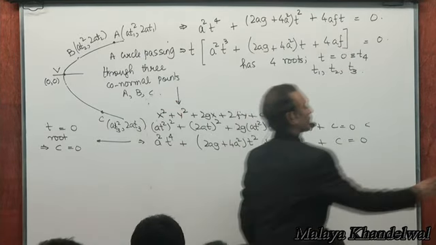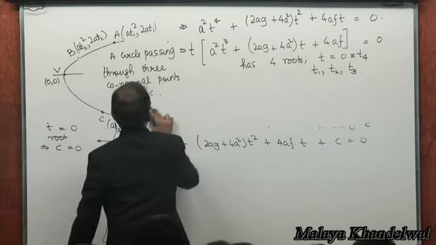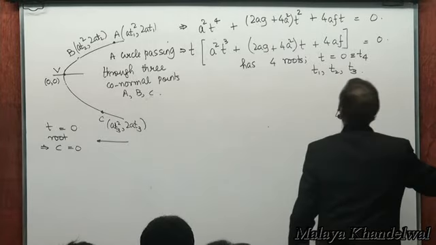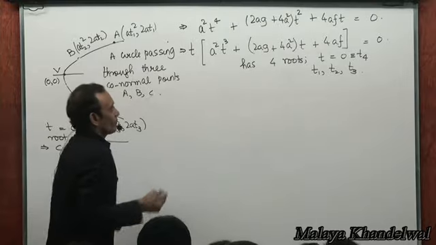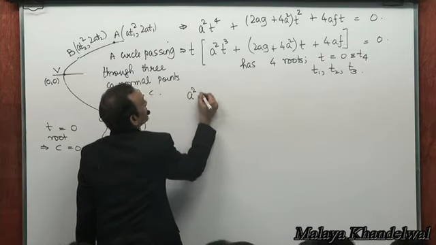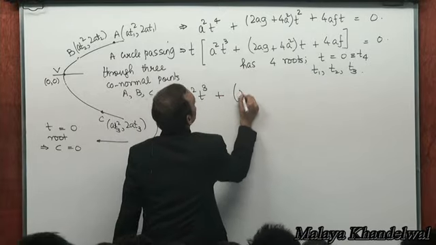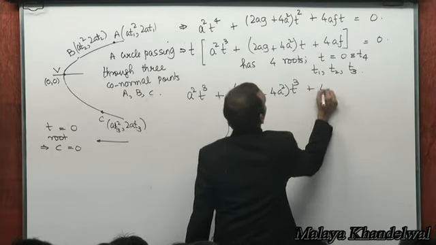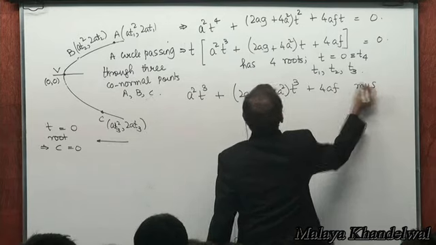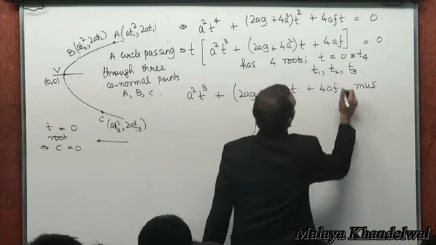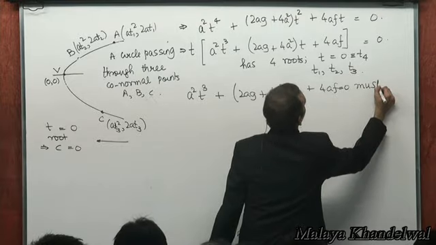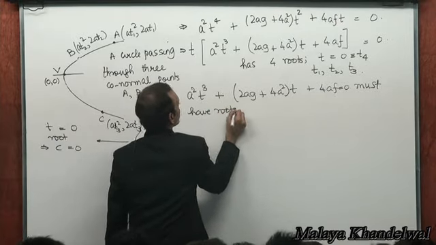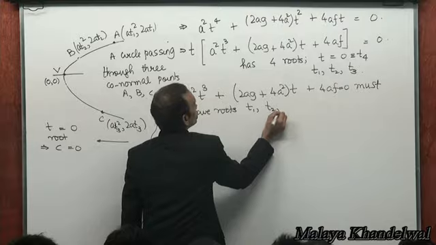That means a squared t cubed plus 2ag plus 4a squared t plus 4af equal to 0 must have roots t1, t2, t3.